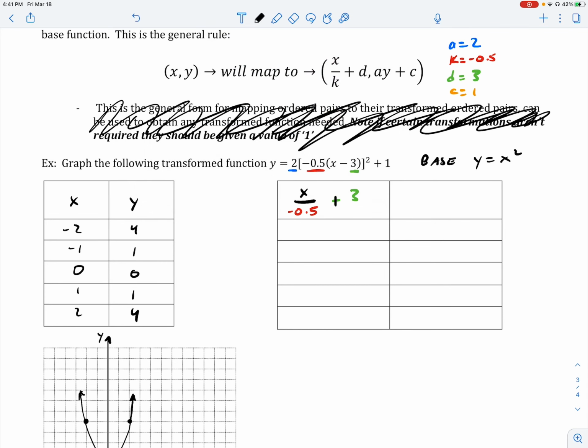And then my Y values, we have to multiply them by A. I'm just following the formula up here, and then I have to add C. C is in orange. C is going to be 1. Actually, instead of writing A here, I should put the value 2 in. You can see these line up exactly with my parameters.